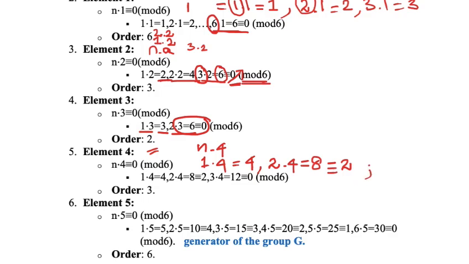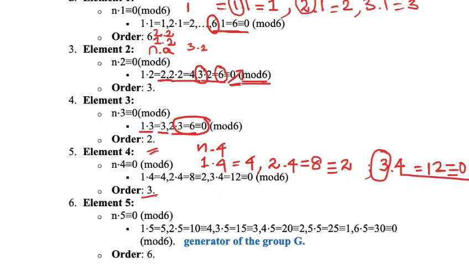Then n equal to 3, 3 fours are 12. Again exceeding the group, we apply mod 6, which equals 0. So we halt here, and the order of this element is 3.